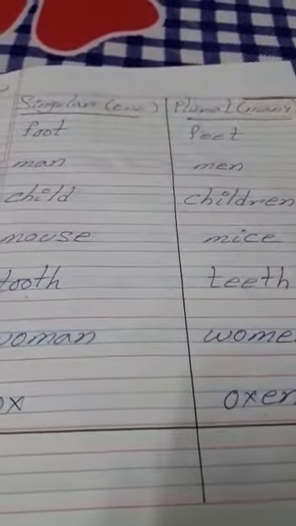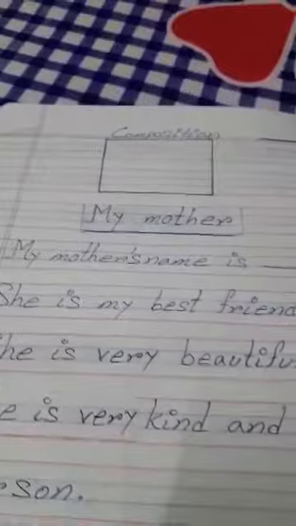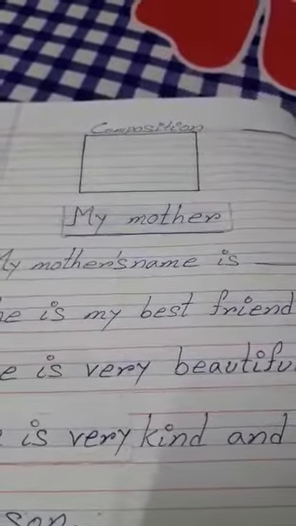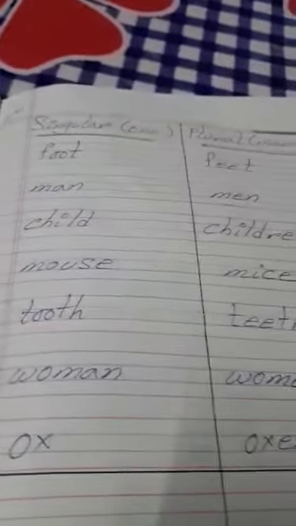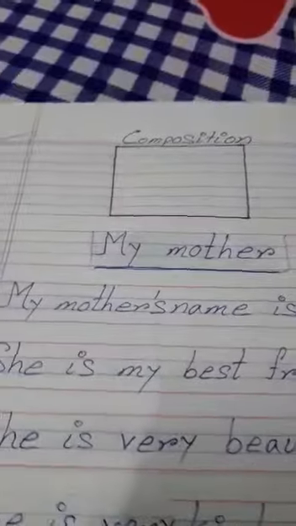Okay, children? Now, today we will do a very interesting thing. Along our chapter 10, we have finished here. Now, we will do a new thing. What is that? That is composition.